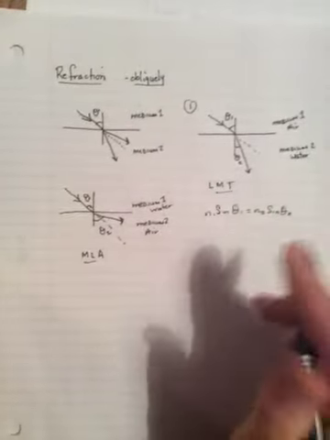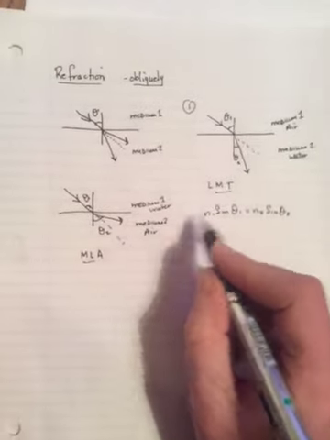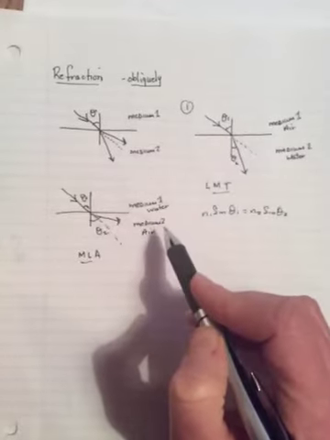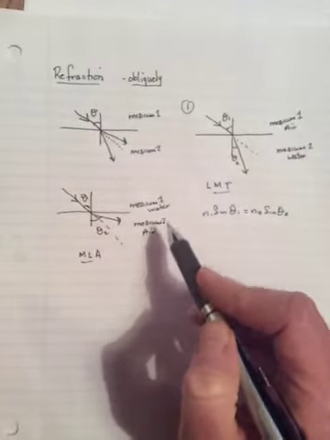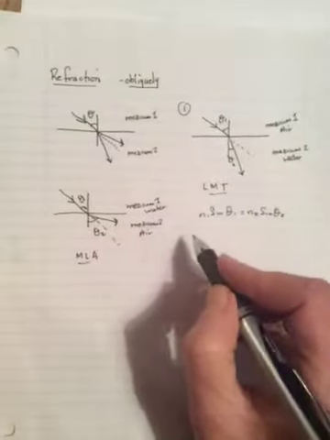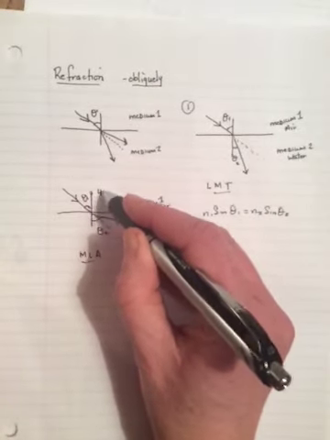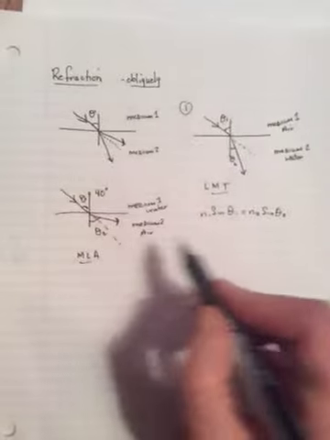So if I were to tell you something like, let's say we're doing this scenario right here, since I'm right beside it. Let's say it's going from water into air, and let's say that the angle of incidence is like 40 degrees. Okay?